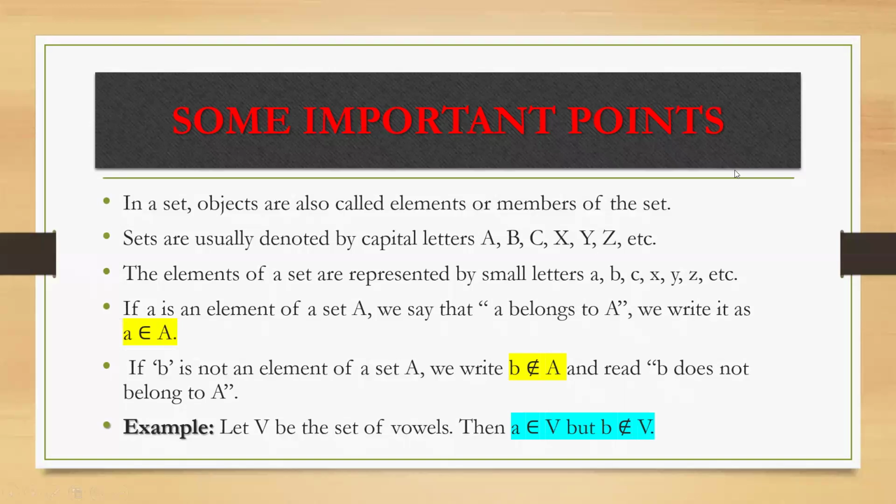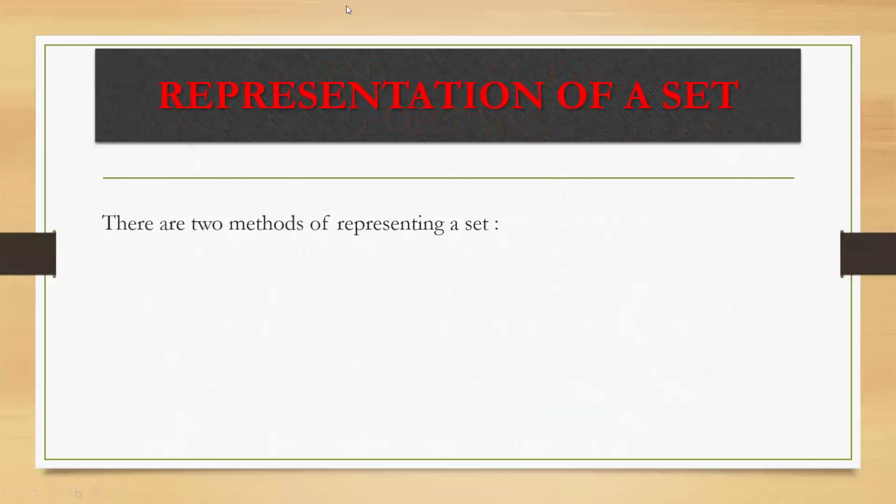Next, we are dealing with the concept of representation of a set. How can we represent a given set? Till now, we have learned what is meant by a set, and then we have learned some examples of sets in mathematical concepts, and then we have learned some important points which have to be taken care of while dealing with sets.